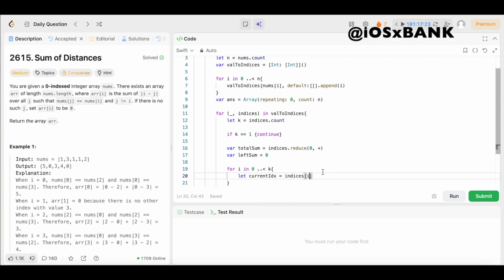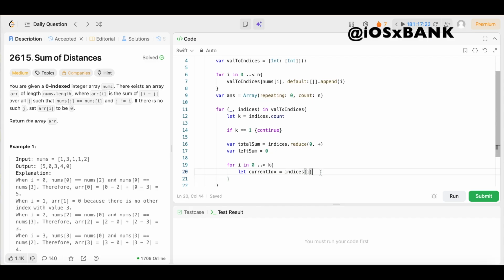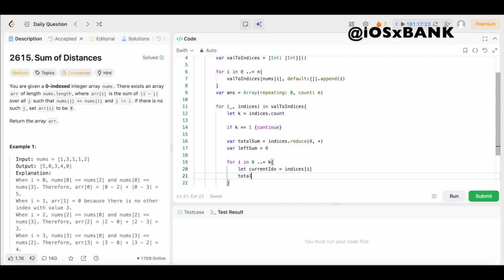Boom. Then we're going to remove the current index from the total sum so it represents the right side. So we'll come underneath this and we'll say totalSum -= currentIdx. Boom. Now the contribution from indices on the left, for each element on the left, we are going to get the sum of distances.